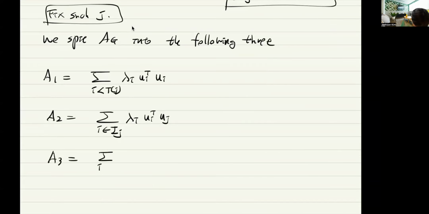And the last one, A_3, is the small eigenvalue part.